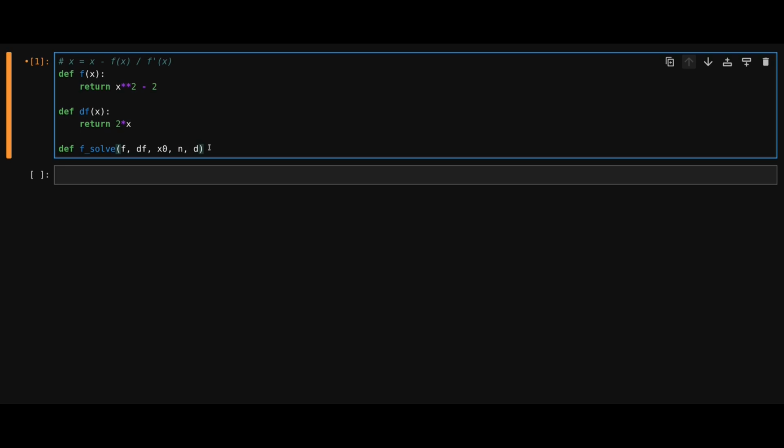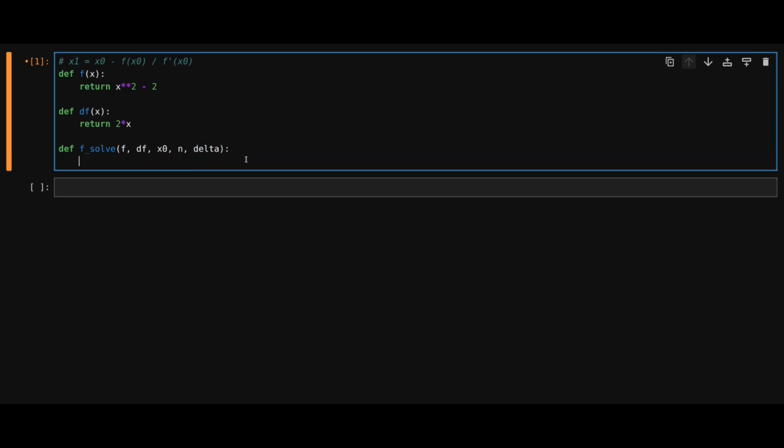And lastly, I'll pass in an input, I'll name this delta. Let me rename this variable, I'll call these x1 and x0, and put an x0 over here and x0 over here. So this delta will be a number such that when we compare x1 and x0, and they are smaller than delta, then we'll return this x1.